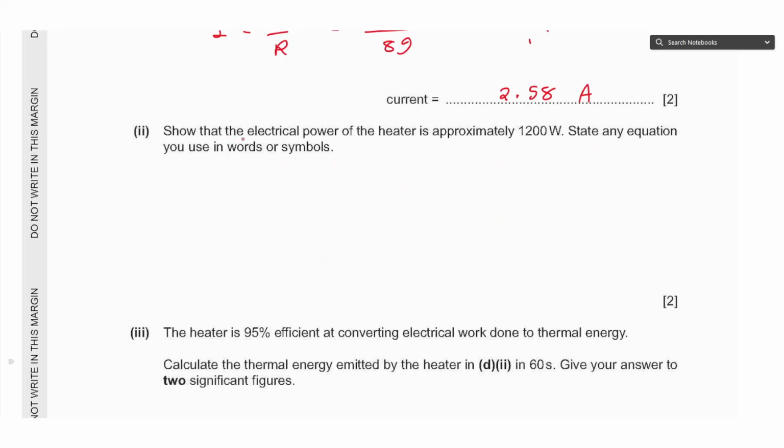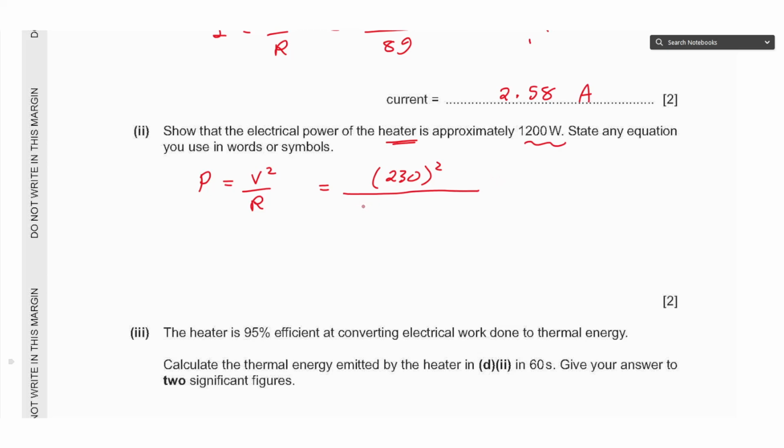Part D-II says show that the electrical power of the heater as a whole, which means the two elements are working now, is approximately 1200 watts. State any equation you use in words or symbols. Just in case we got the current wrong, I'm going to use the equation for power equals V squared over R. So we're going to use the total voltage 230, squared, and the total resistance of the two components connected in parallel.